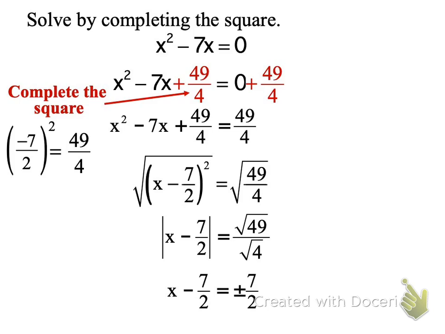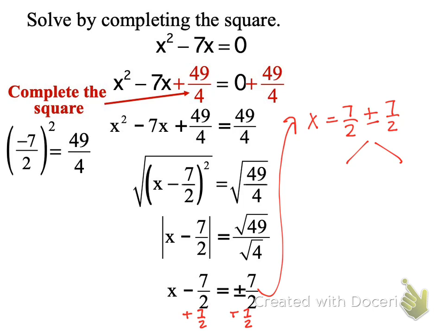Well, you then... No. From here, to get rid of the 7 over 2, you have to add 7 over 2 to both sides, right? So now what this becomes is x equals 7 over 2 plus or minus 7 over 2.